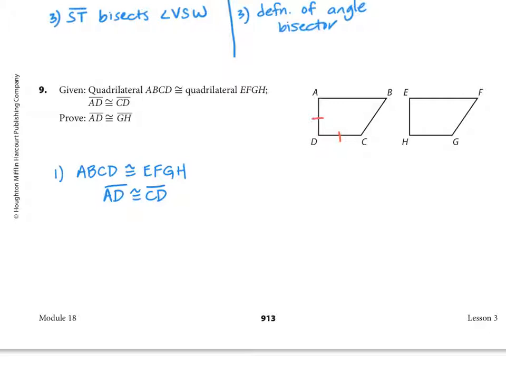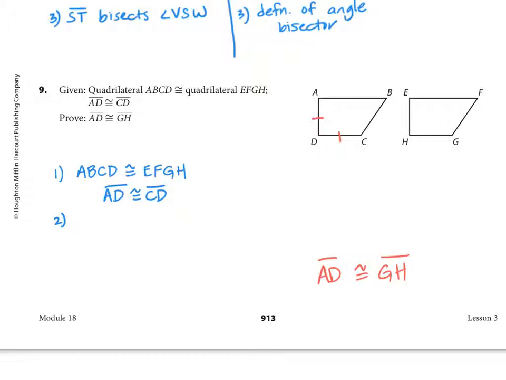Okay, before we make statement number 2, let's see where we need to head towards. We want to prove that segment AD is congruent to segment GH. And that is this one here on the left, AD, and segment GH on the other quadrilateral is on the bottom. So the first thing that we can check is, are AD and GH corresponding, right?